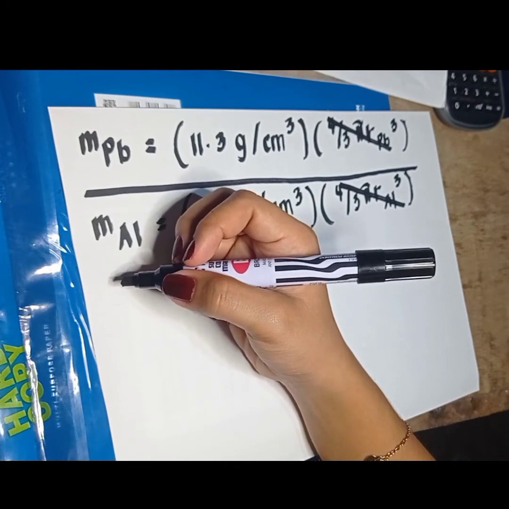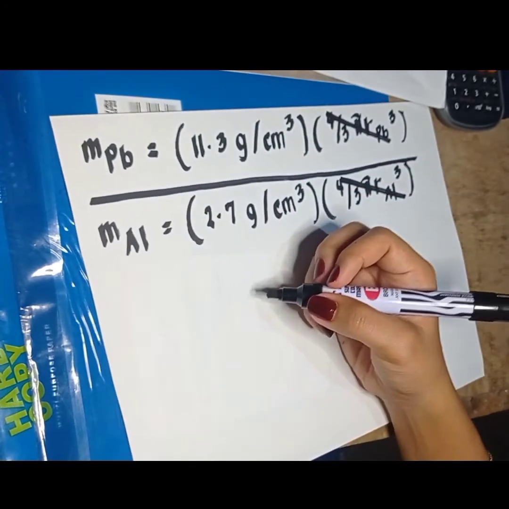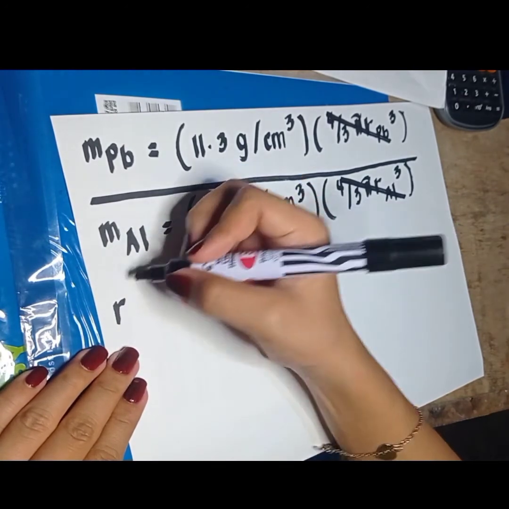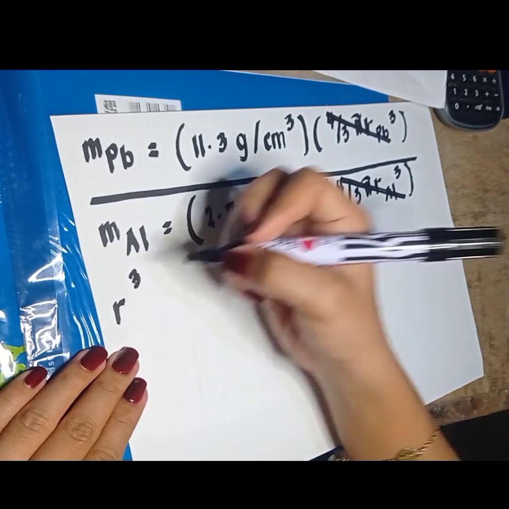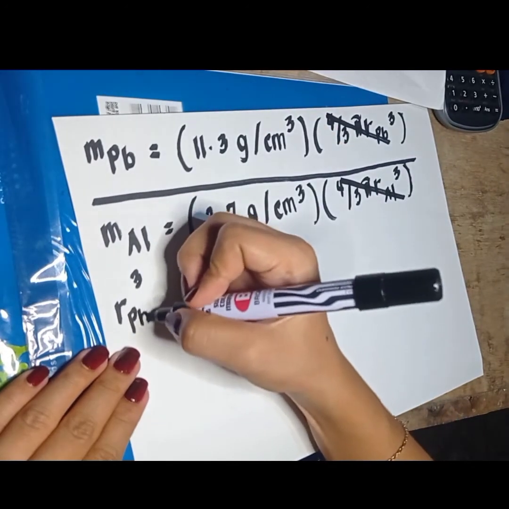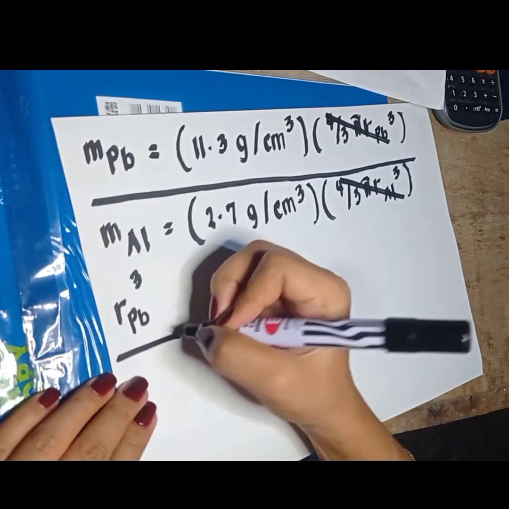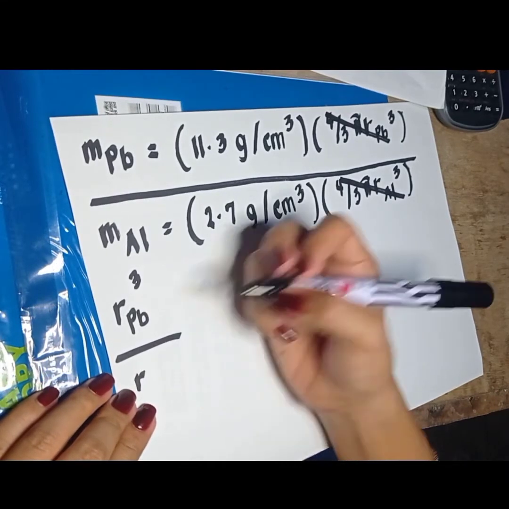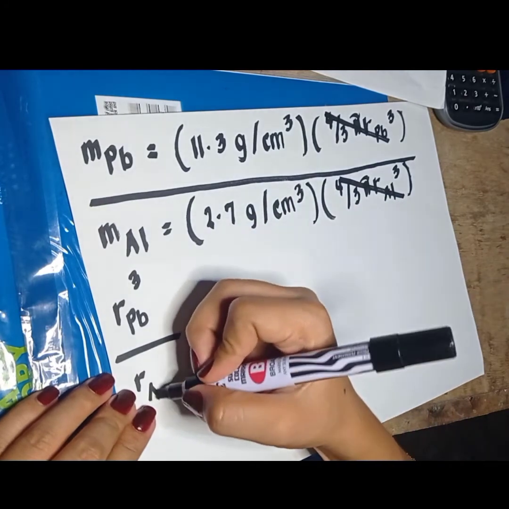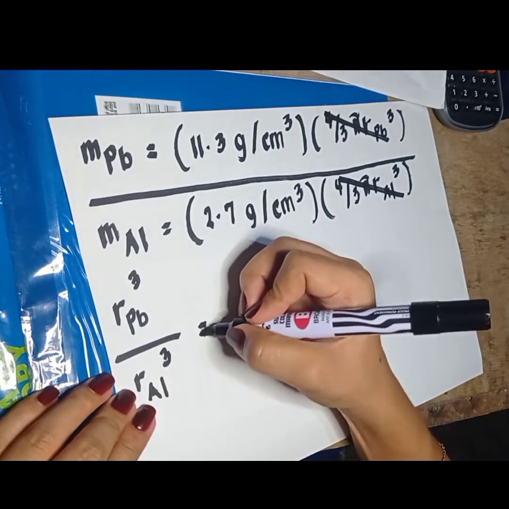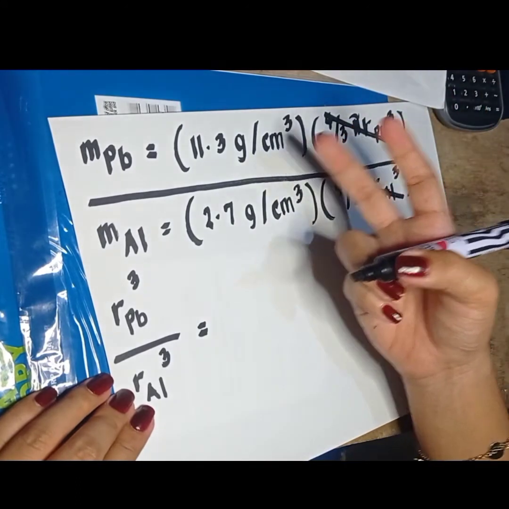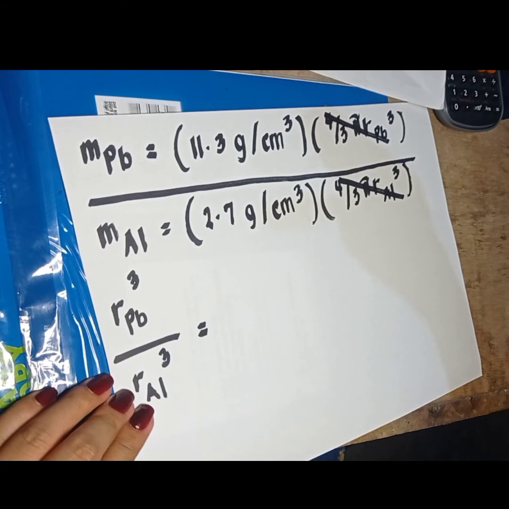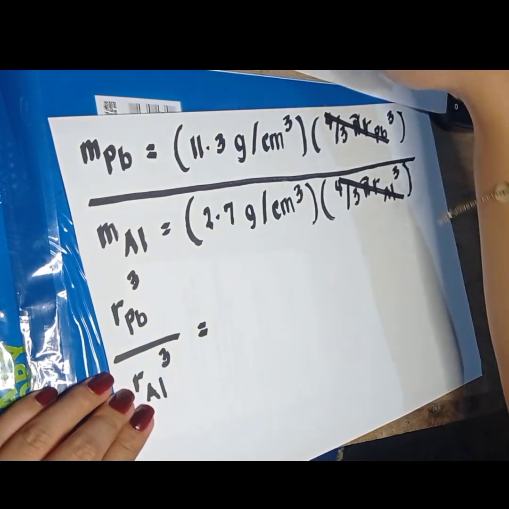So, what we'll do now is to have the radius of both spheres. So, the radius of the lead cubed over the radius of the aluminum cubed is equal to, we will write down the two densities of the spheres left above.